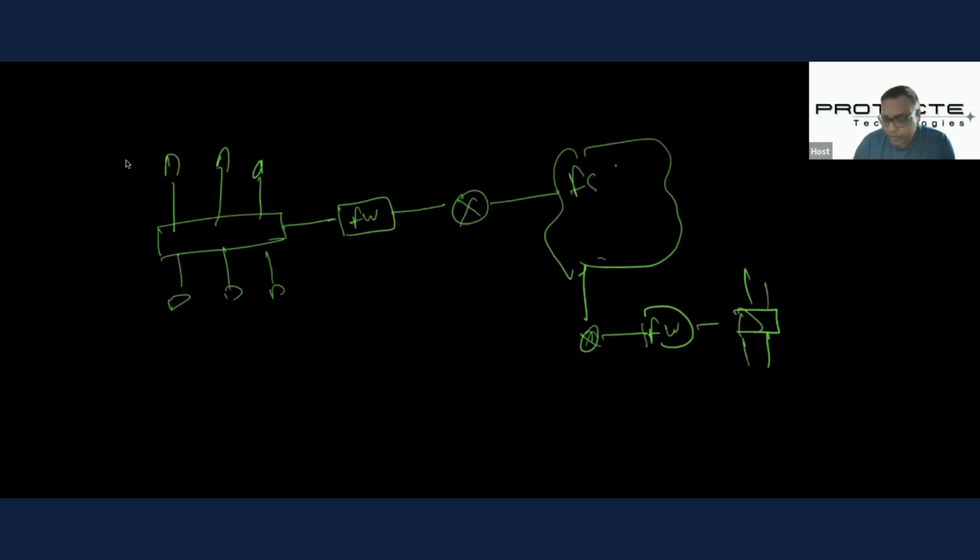The transport mode is when the user at this end, A, wants to communicate with the user at B using a secure session. It wants to have security right from its computer, through the firewall, through the router, through the network, and right up to the PC. This is called transport mode.